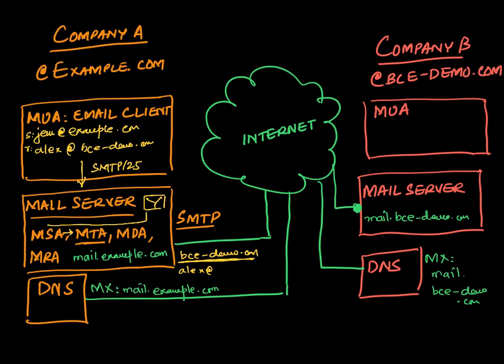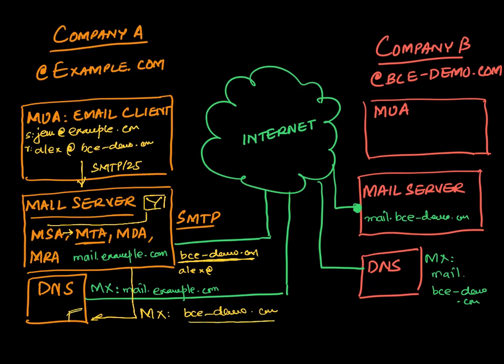In technical terminology, it will query the local DNS, and it's called an MX query, Mail Exchange Record Query. What is the Mail Exchange Record for bce-demo.com? That means, in simple terminology, where's the mail server? What's the host name of the mail server of bce-demo.com?